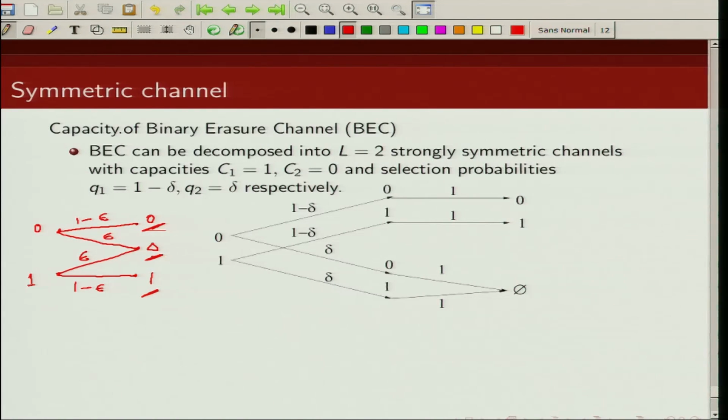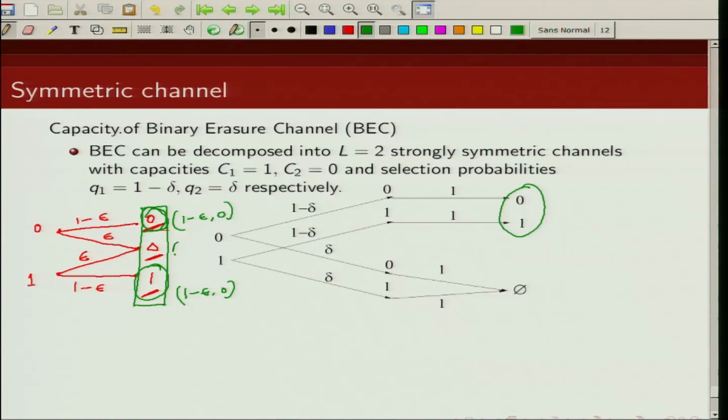So the first thing that we will do is decompose it in such a way that this particular output symbol and this particular output symbol belong to the same channel, because they have the same focusing. You can check, this is 1 minus epsilon, 0, and this is 1 minus epsilon, 0.